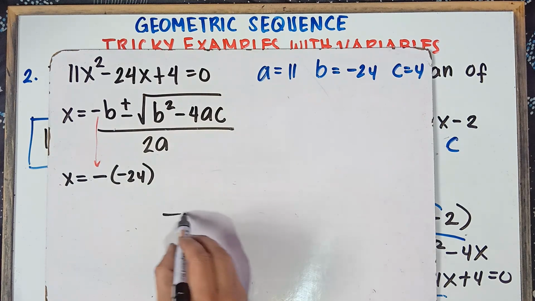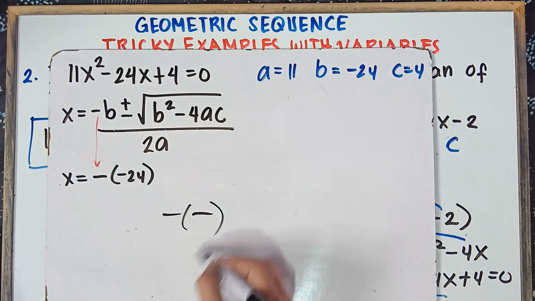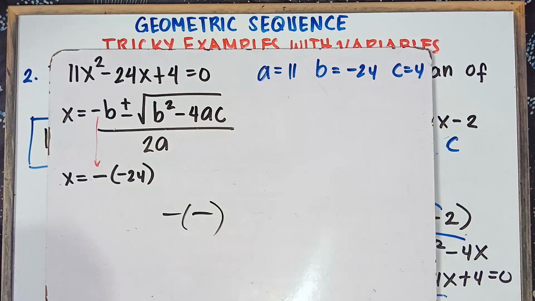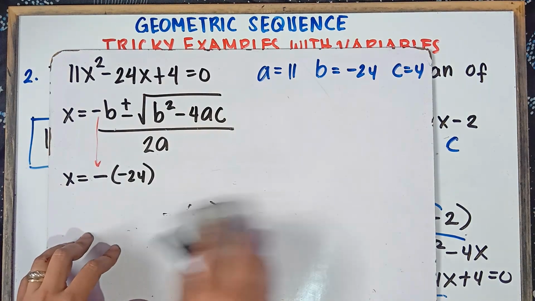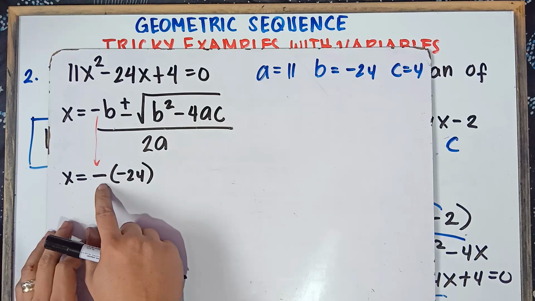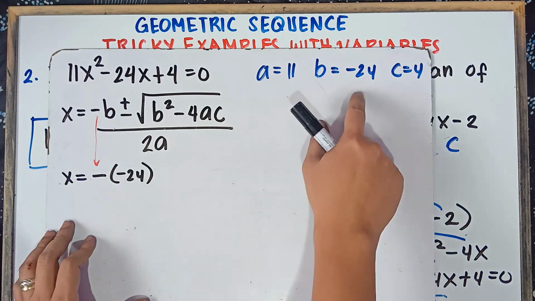Now if you have two negatives, you need to put parentheses, because you're not allowed, class, to have two signs close to each other. So once again, this first negative came from the formula. This negative 24 came from the value of b.